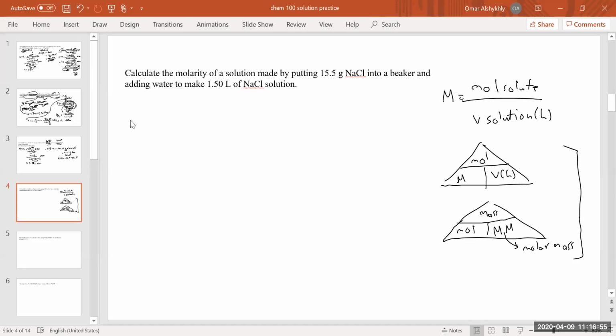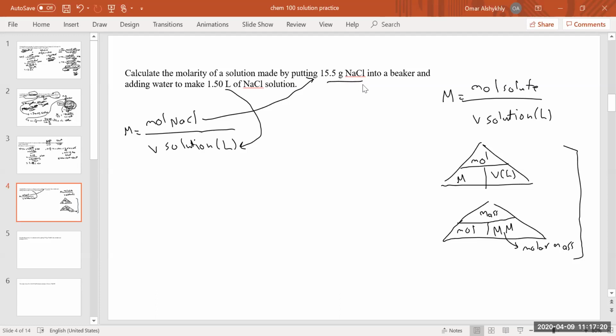Okay, let's start here. Molarity equals mole NaCl divided by volume solution in liter. Now the volume, we have it, but the mole, we don't have it. We have a mass here. So here we will use this formula to find the mole.